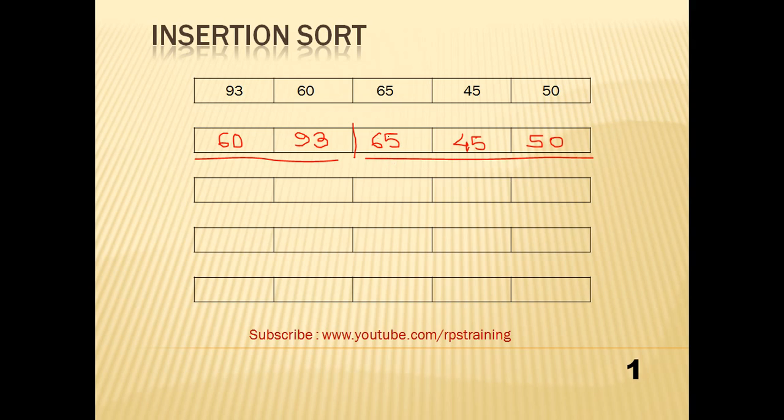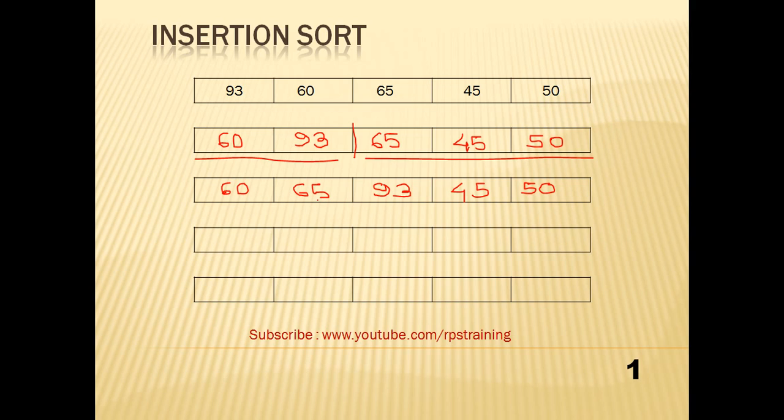Again the next item will be inserted, that is 65, and the previous element of 65 is greater, so one interchange will be done. It will be 60, it will be 65, it will be 93, it will be 45 and 50.